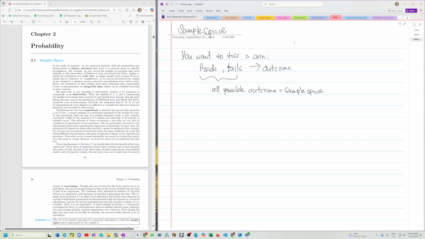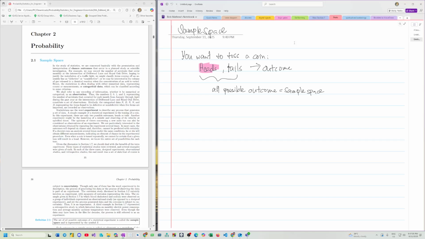Okay, so how about, what do we call these heads and tails? Heads and tails are what we call the outcome.